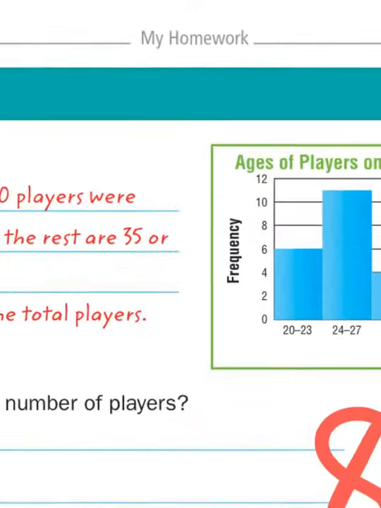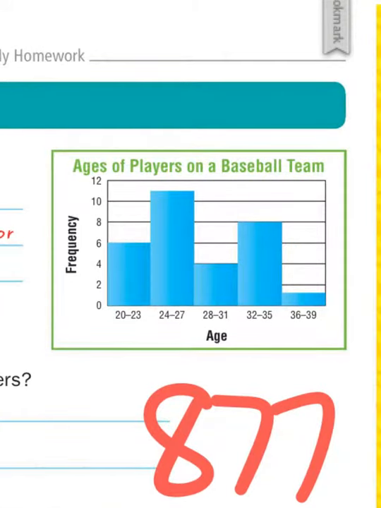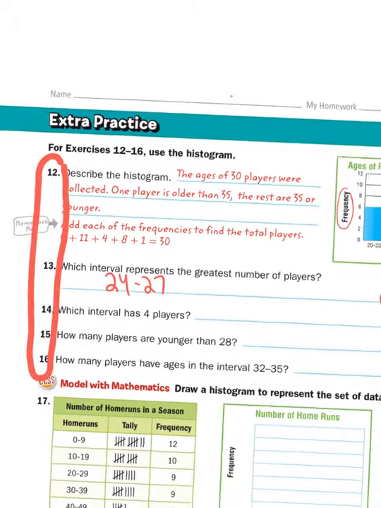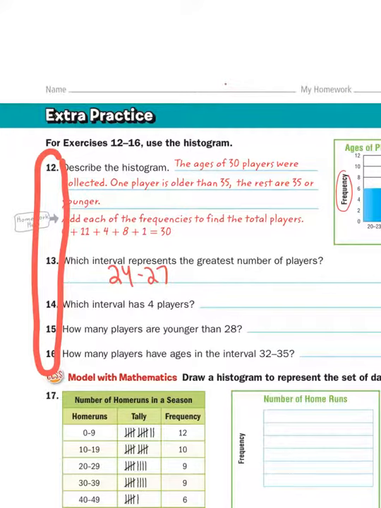So let me go back over and zoom in. I'm looking for the number of players, which would be the frequency. And if I go over, the ages interval of 28 to 31 had 4 players. So 28 to 31.